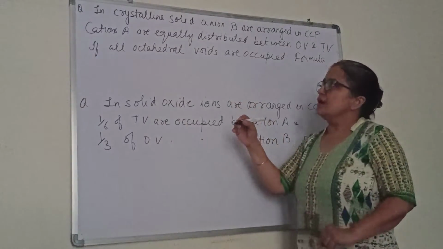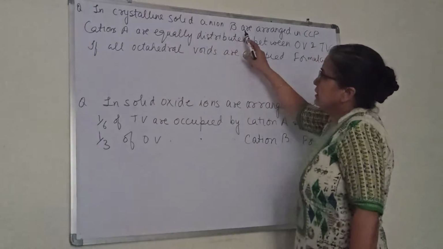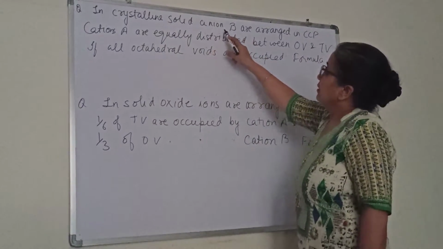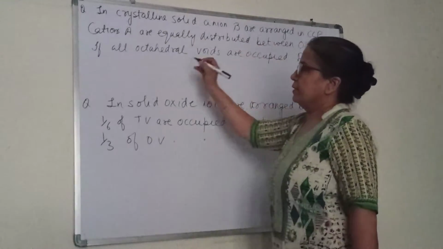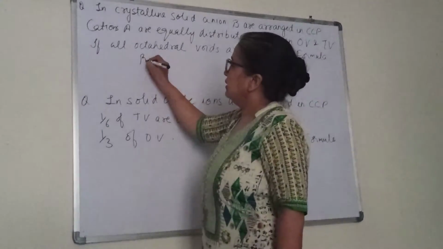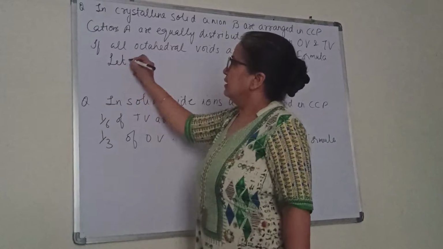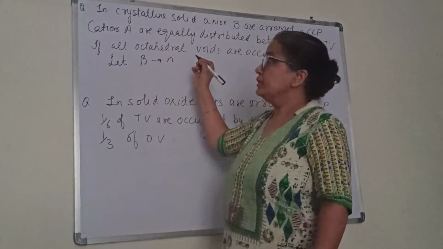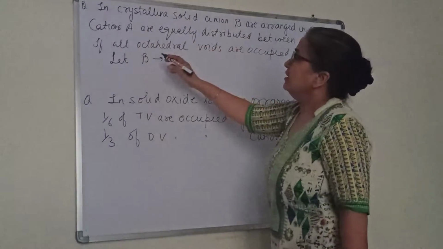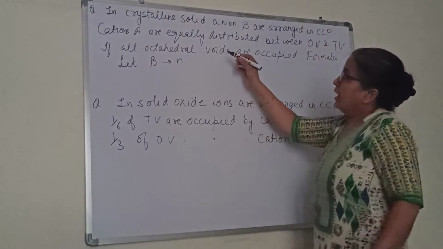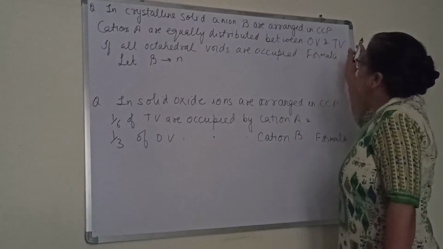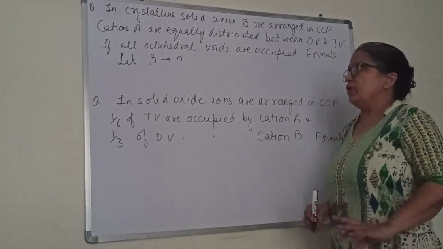Let's take another example now. In a crystalline solid, anions are arranged in CCP. So you will write down what is anion here, B. Let the number of B be n, as I told you, arranged in CCP. Cation A is equally distributed between octahedral and tetrahedral voids.